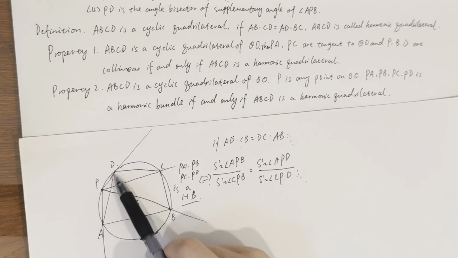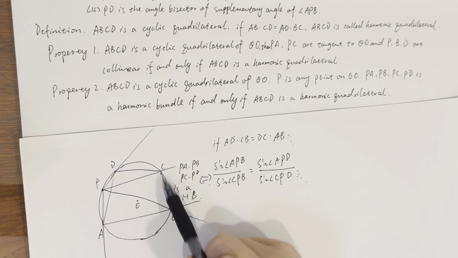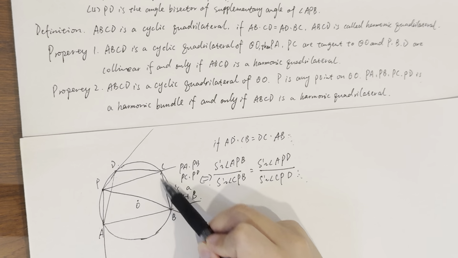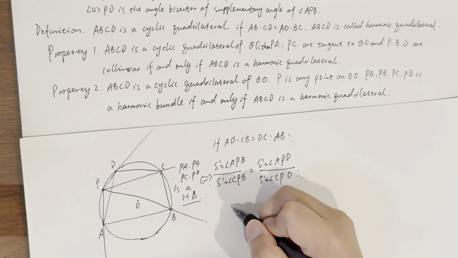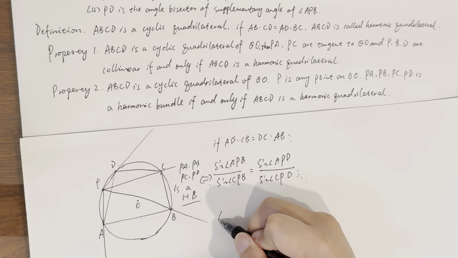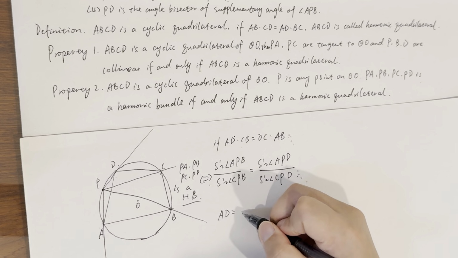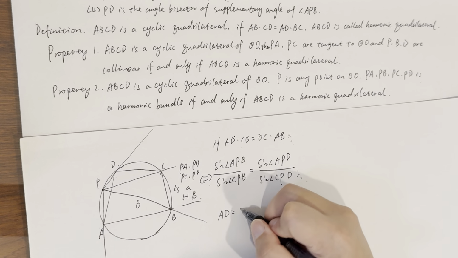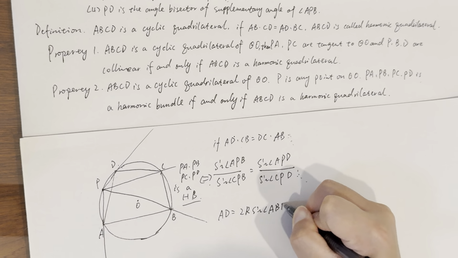We have AD here, we have CB here. So AD can be rewritten as 2R sine angle ABD.